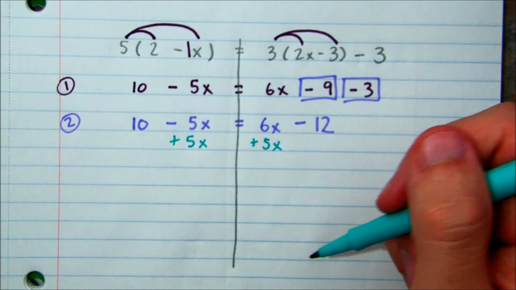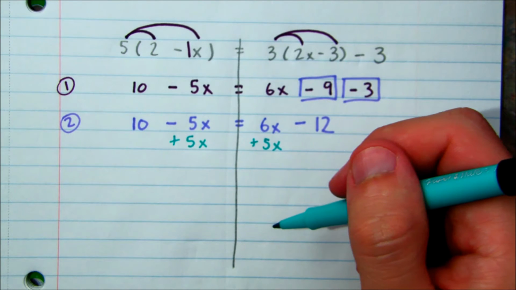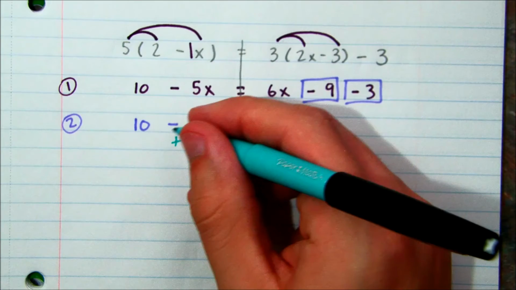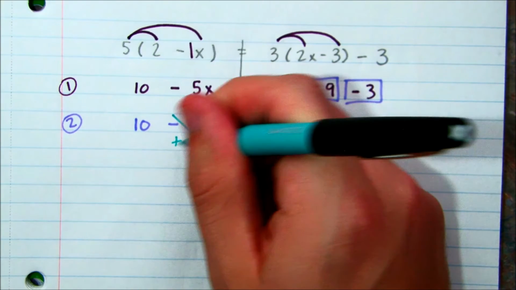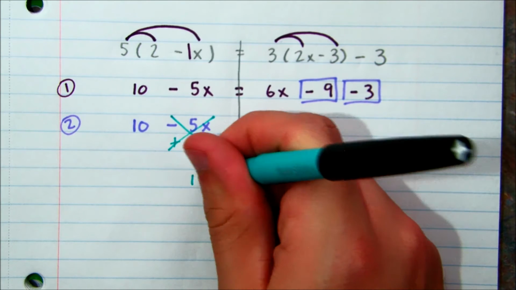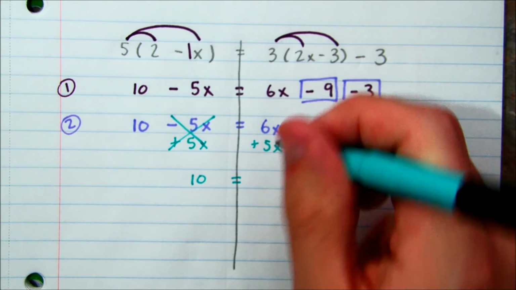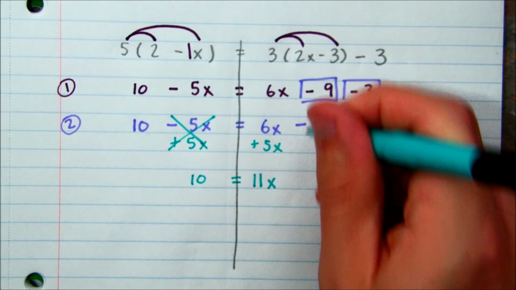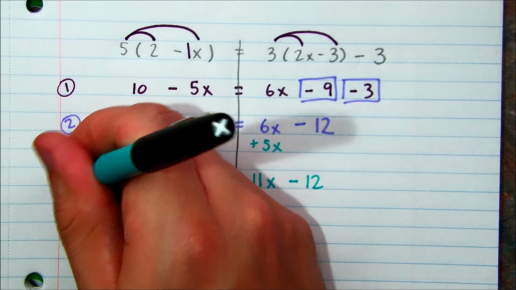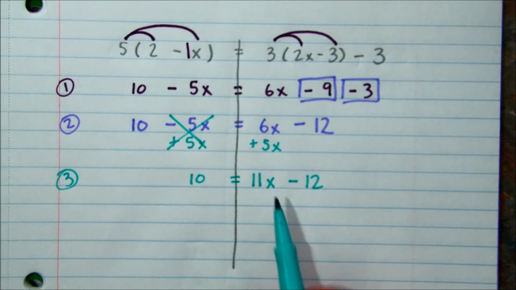It would still work, it would give you the same answer, but you would have a negative coefficient. So I'm going to avoid that. Now negative 5 plus 5 gives us 0, that cancels out. So I have 10 equals 6 plus 5 is 11x minus 12. And that's the end of step 3. I've moved all my variables to the same side, so I'm good to go.